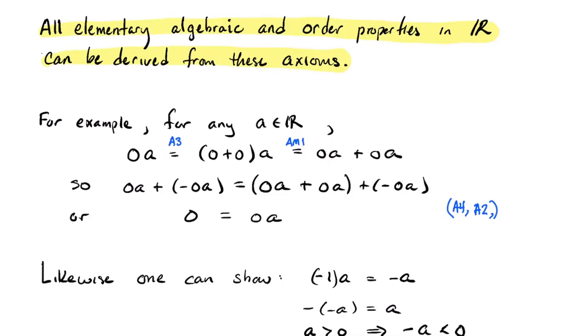If you take, say, a real number called a, and you look at 0 times a, well, I just tried to highlight here using the third addition axiom, 0 is 0 plus itself. So I'm replacing 0 with 0 plus itself, and then using the distributive law, the axiom AM1 in our book, I can write that as 0a plus 0a, right? So then I take that equation and I add the additive inverse of 0a to both sides. That thing exists by the axiom A4.